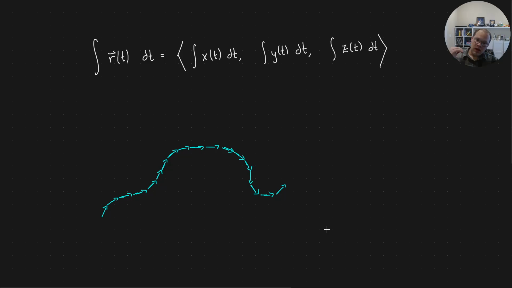If you imagine adding up all these little tangent vectors, the tangent vector tells us what direction we're in, and if we put them all together, we end up getting the curve back. So that's how to think about this vector integration.